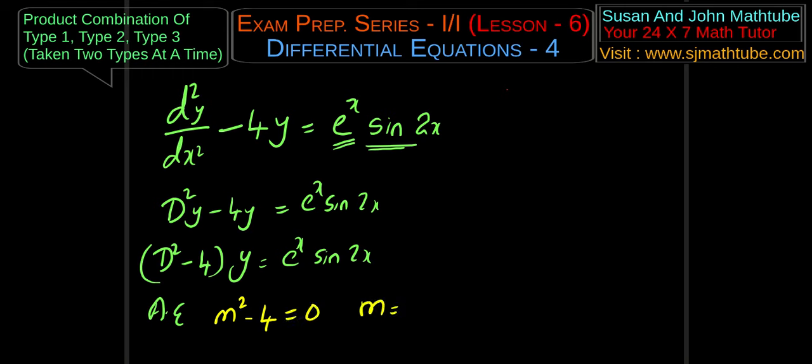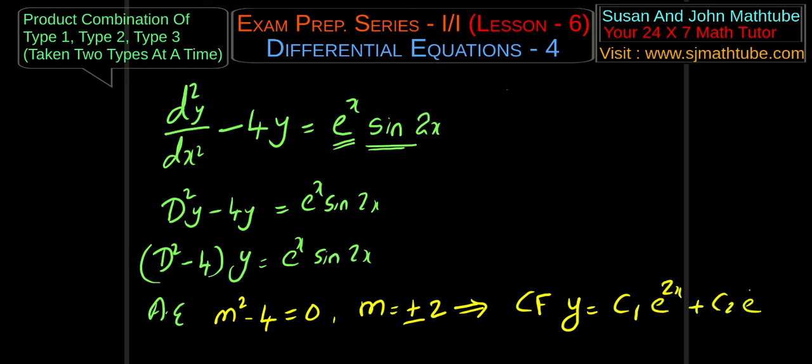So m equal to plus or minus 2. So the roots are real and distinct. So the CF is y equal to c1 e to the power 2x plus c2 e to the power minus 2x.